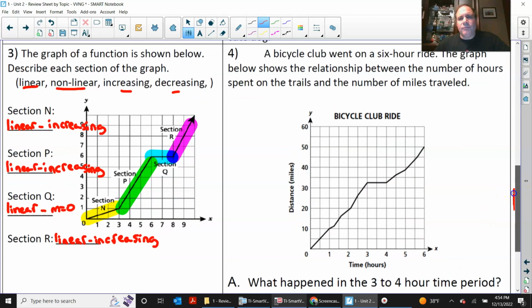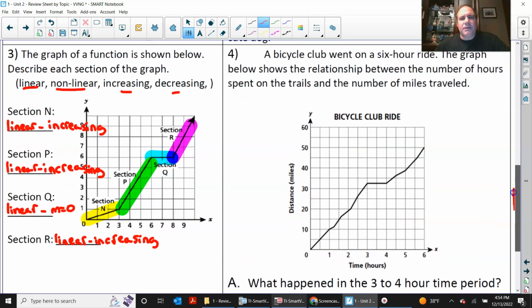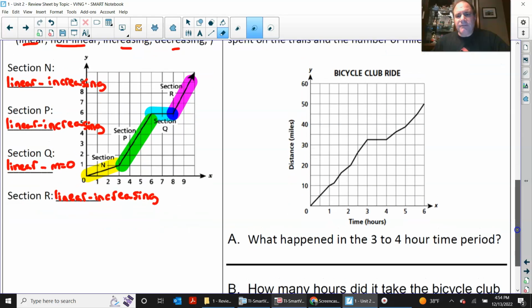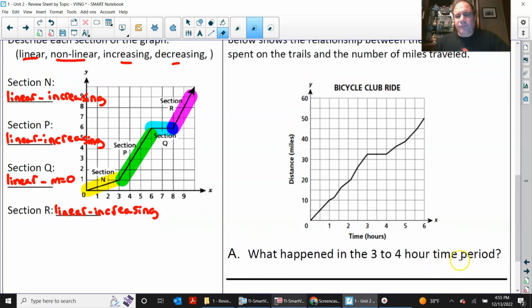So a bicycle club went on a 6-hour ride. The graph below shows the relationship between the number of hours, remember time is always on the x-axis, spent on trails and the number of miles traveled. So here we go with this. What happened in the 3 to 4 hour time period? So I'm going to take my pen, and so here's 3 hours right here to 4 hour time period.